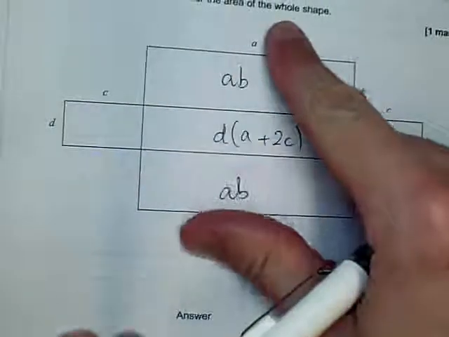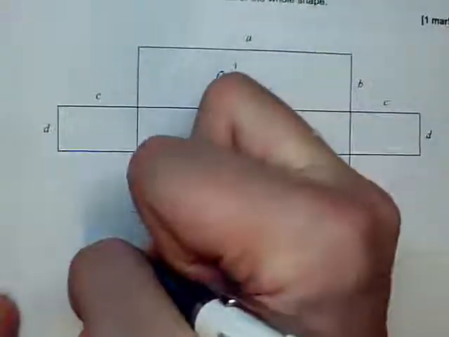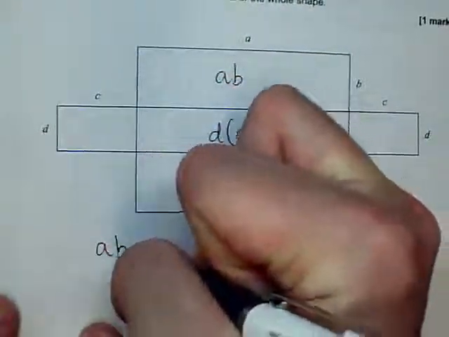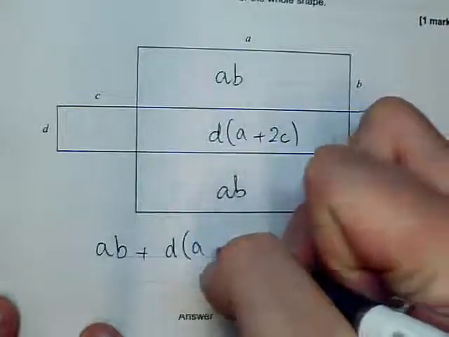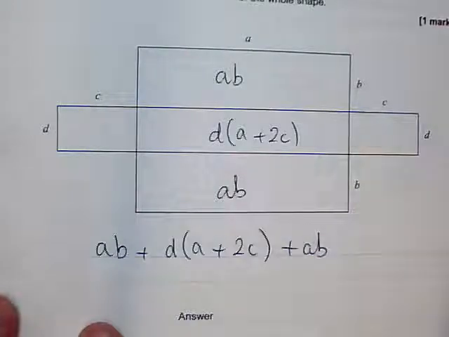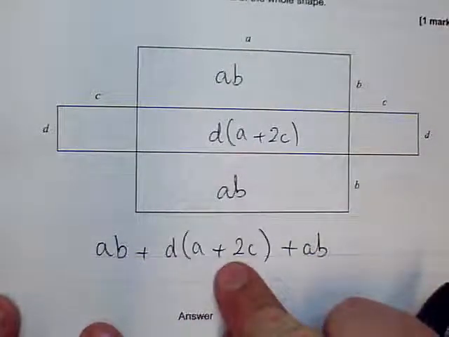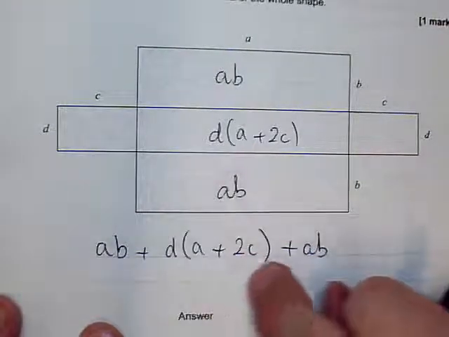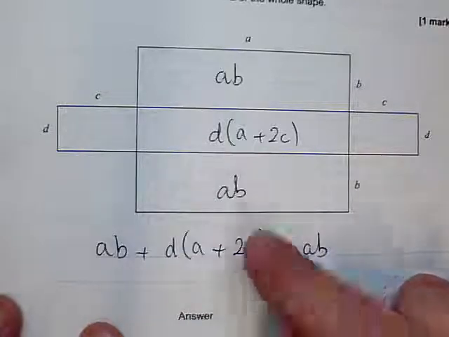So my expression for the area of the whole shape would be AB plus D brackets A plus 2C plus AB. Now I should really multiply out my brackets because you might know, this might simplify.